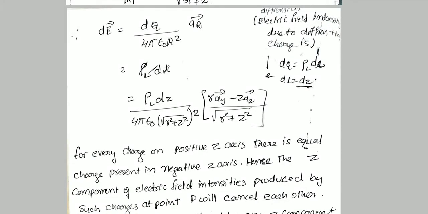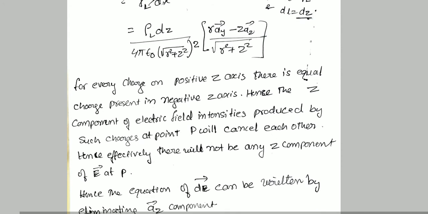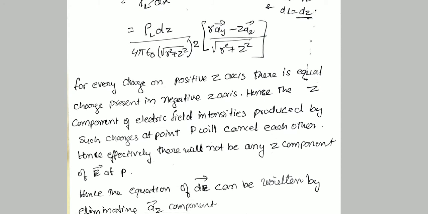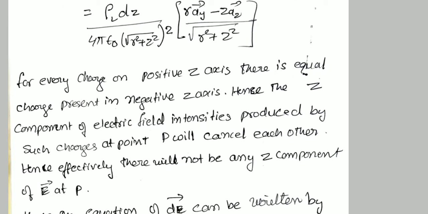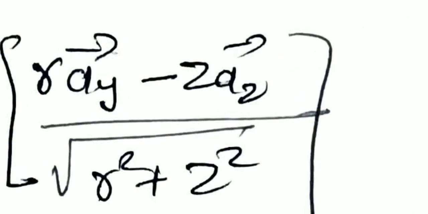Now let us rearrange them. For every charge on the positive z axis, there is an equal charge present on the negative z axis. Hence the z component of the electric field intensity produced by such charges at point P will cancel each other. Hence there will not be any z component of E at P. Here you may observe there are two components, one is the y component and another is the z component.